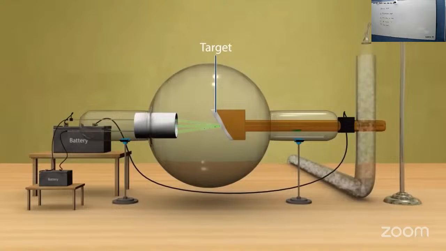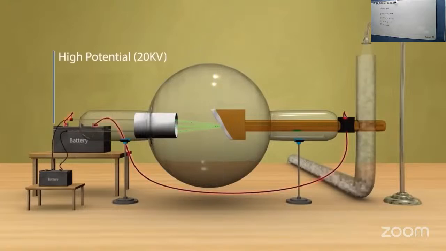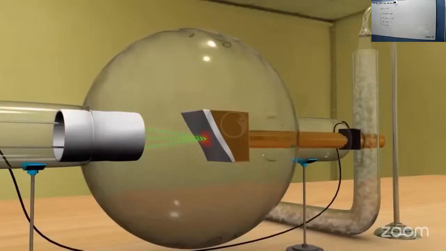The target is also tilted at an angle of 45 degrees, causing the electrons to hit at an angle. This will produce the X-rays almost perpendicular to the electron beam. A very high potential of 20 kV is applied between the source and the target. Due to the high potential difference, the electrons are accelerated towards the anode and hit the metal.